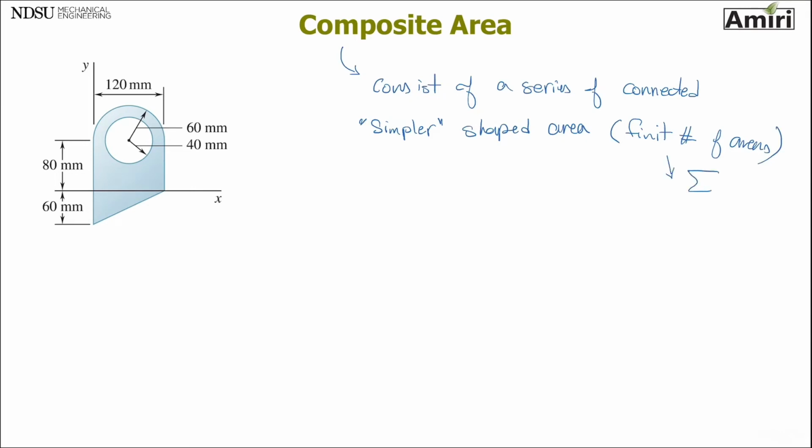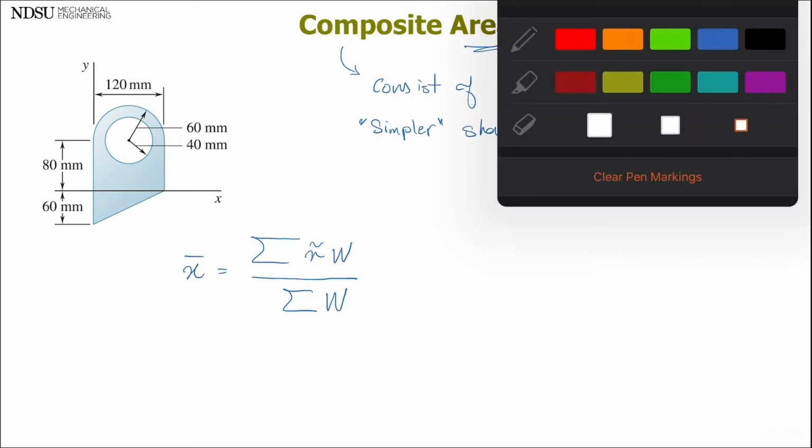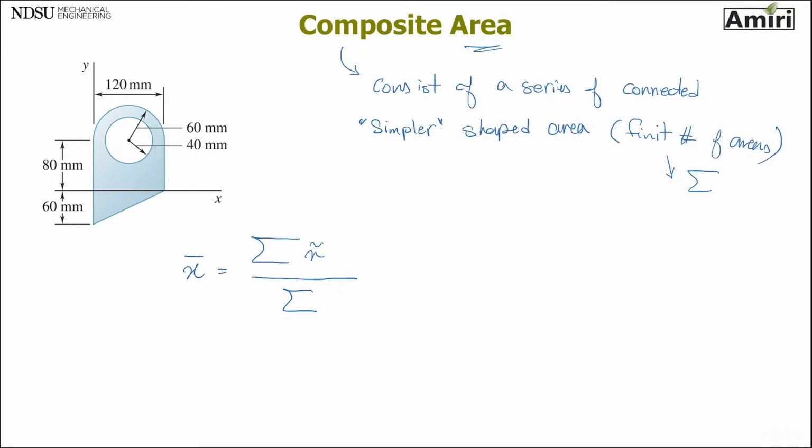So for a case like this, x bar is the summation of x tilde times A, over the summation of A. Well, let's not use w, because I'm thinking about area. For a second I was thinking about weight, which there's nothing wrong with, but there we go.